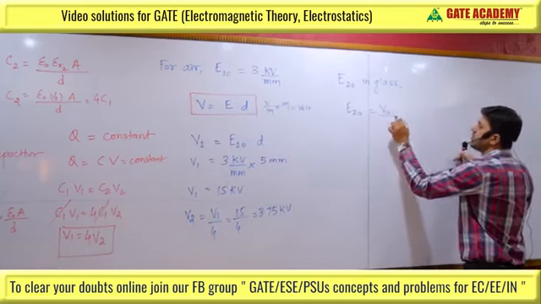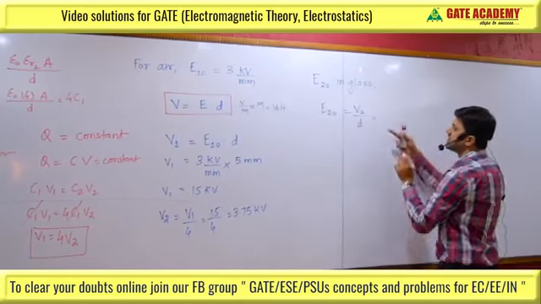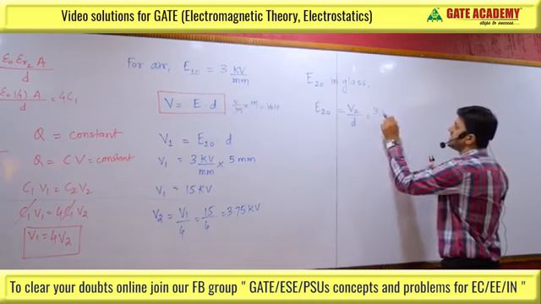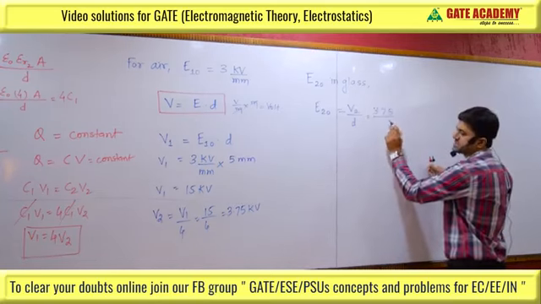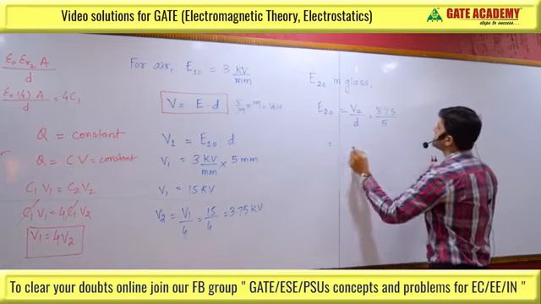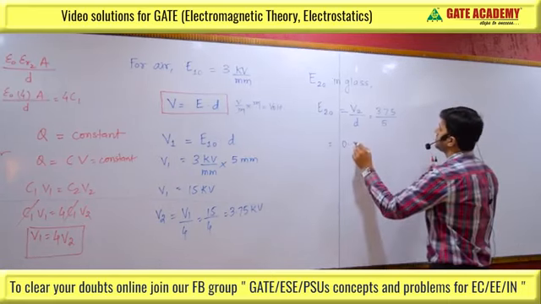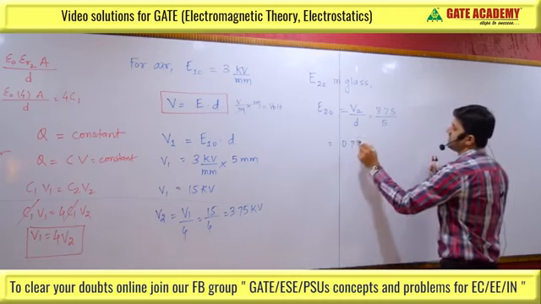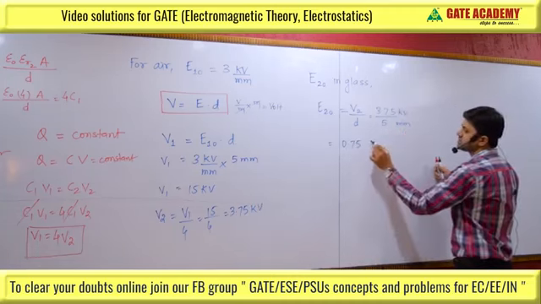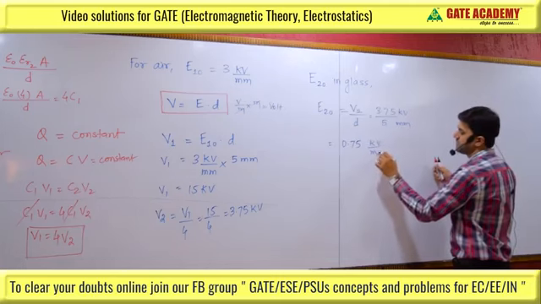So this is V2 upon distance. So voltage applied across the second capacitor is 3.75 and the distance is 5. So this is 0.75, and this is in kilovolt and this is in millimeter. So this is kilovolt per mm.